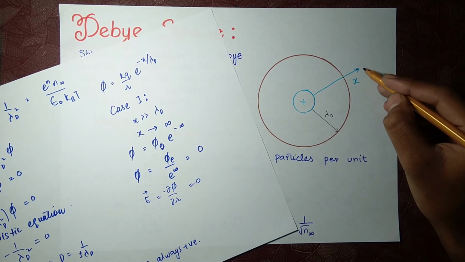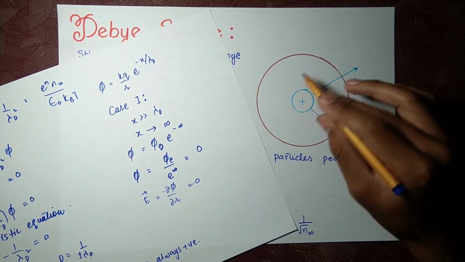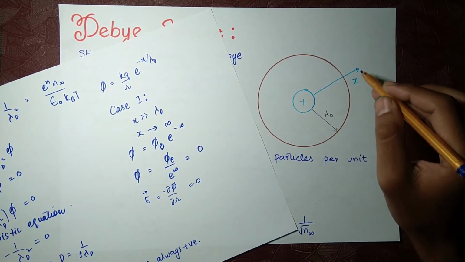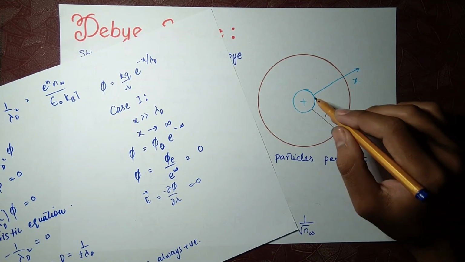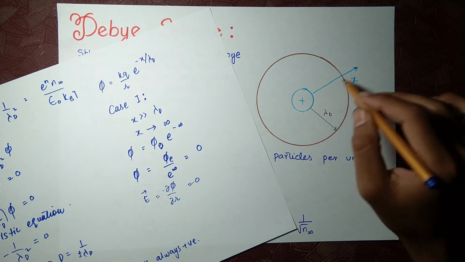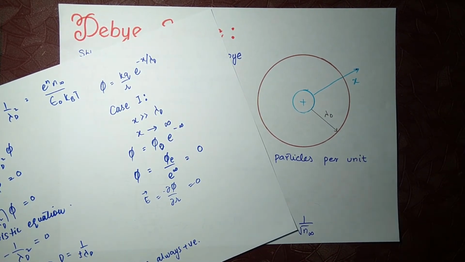A particle placed here doesn't know that there is some kind of particle inside this sphere, because there is no interaction. No field, no interaction, no knowing of each other. Okay, so let's move on to our second case.